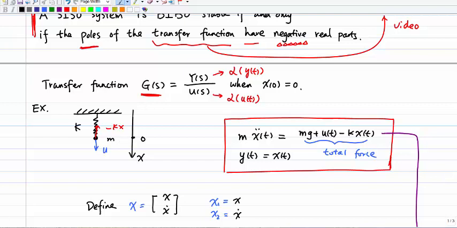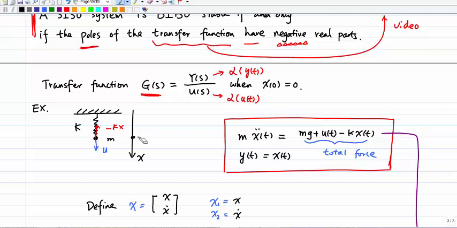Assume the direction here is from the top, like from the ceiling, and the bottom is the floor. I define this direction as x, and the zero location of x for this object is when you don't apply anything here.